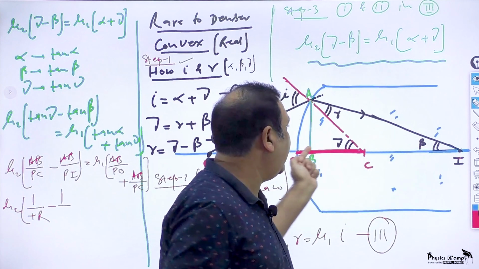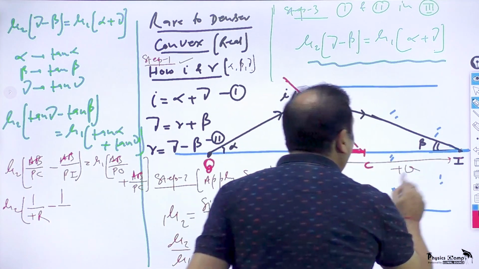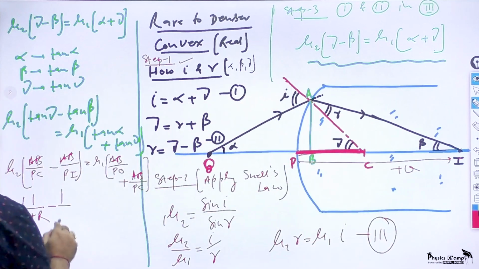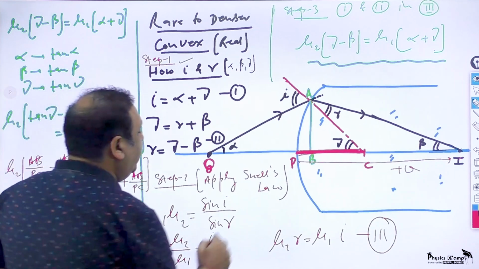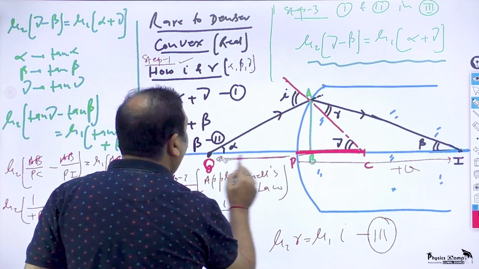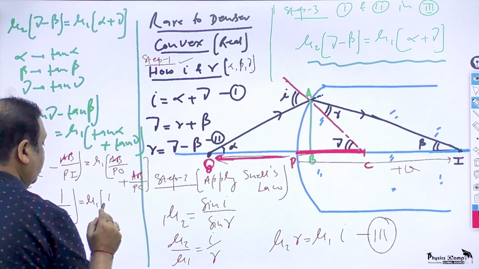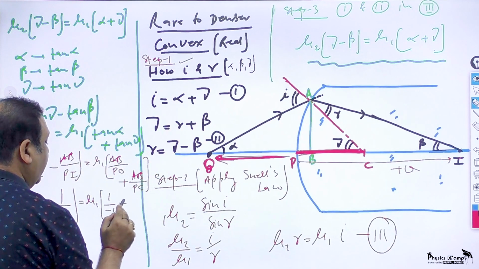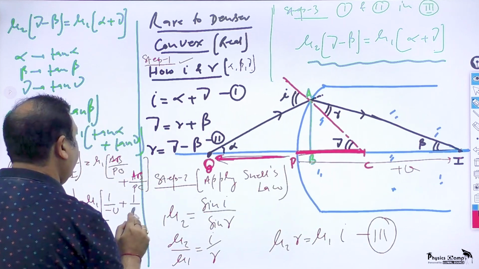Plus V or minus V? Your answer should be, it is plus V. So it is V. And then PO. P to O will be what? Minus U. And P to C will be what? R.